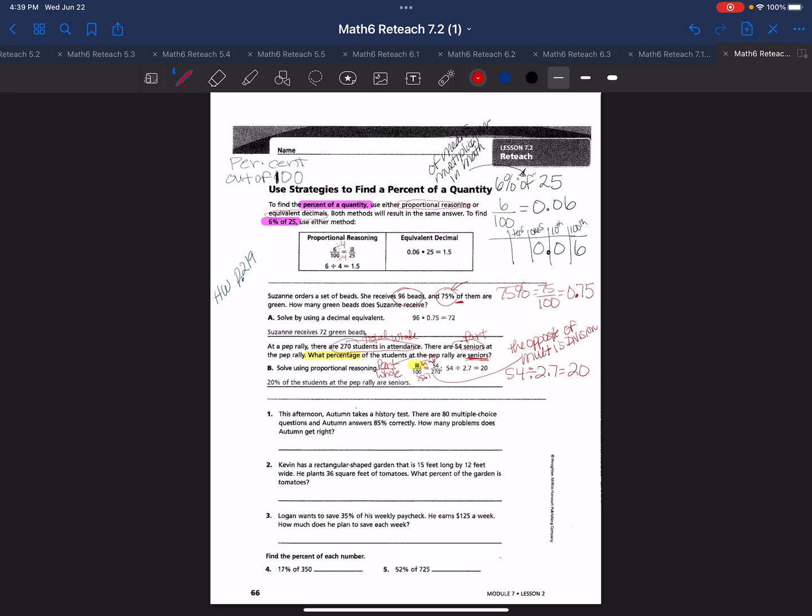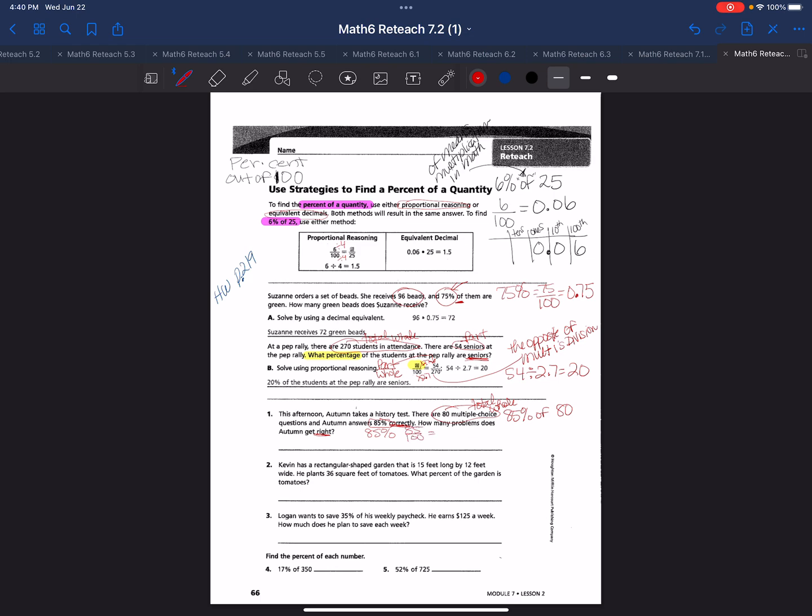Question 1. This afternoon, Autumn takes a history test. There are 80 multiple choice questions. That is my total or my whole amount. And Autumn answers 85% correctly. So we know this problem is going to be 85% of 80, because if she got those correct, how many problems does she get right? 85% is 85 over 100.